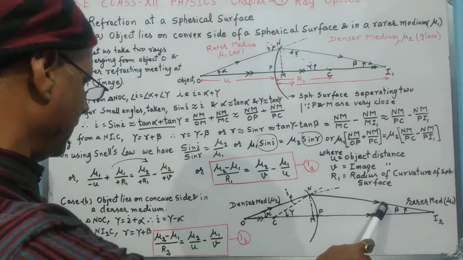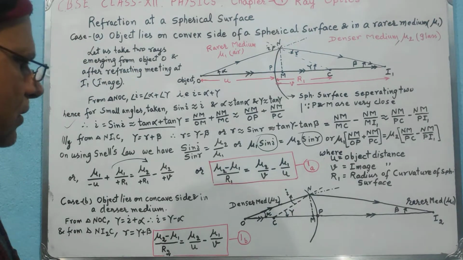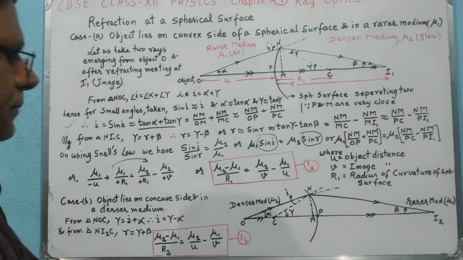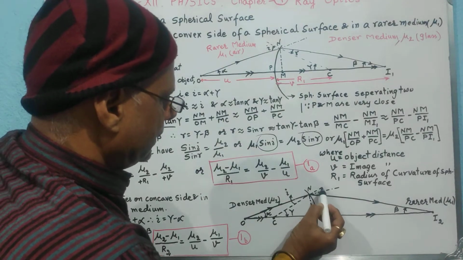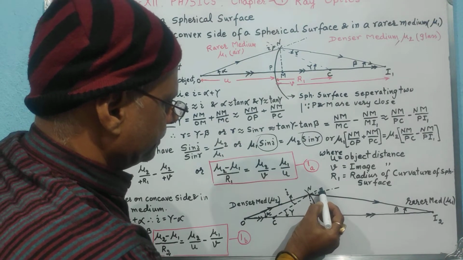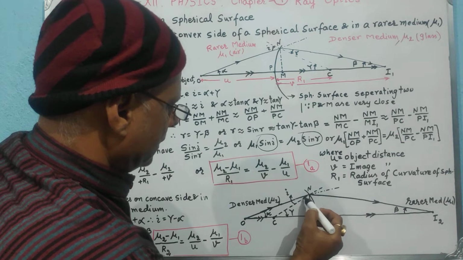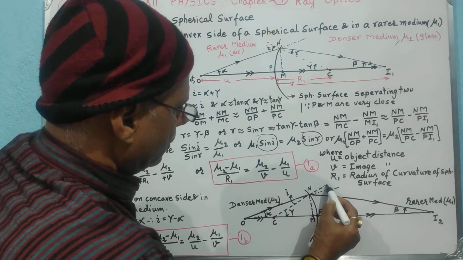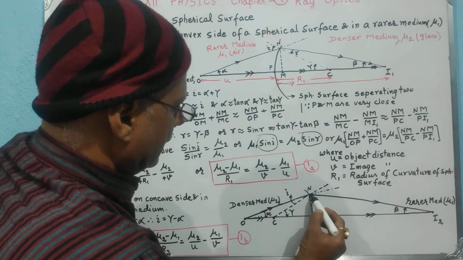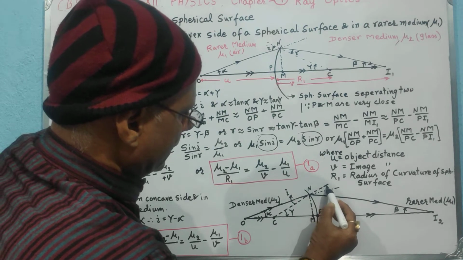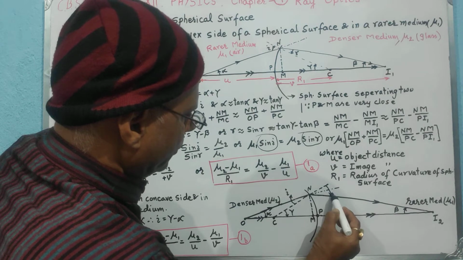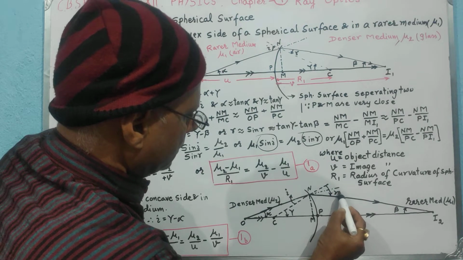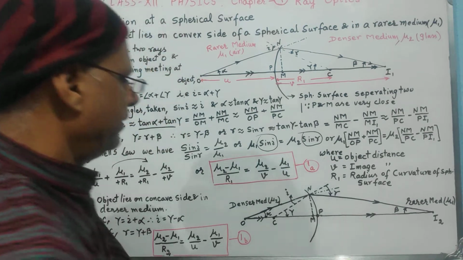Here you see that gamma plus beta equal to r. What is r? Let us see that this is angle r. This dotted line is showing the normal at this point, and the angle made by the refracted ray with the normal is the angle of refraction.